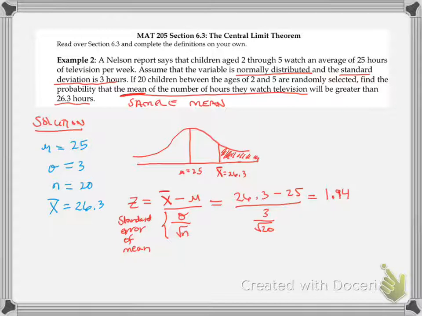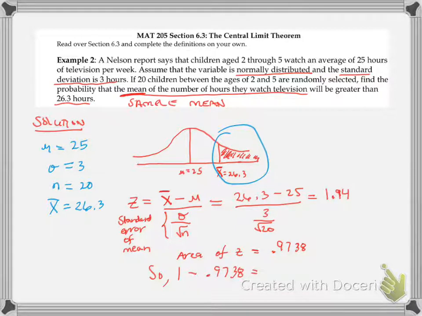But we have to be careful because the same rules still apply. It's shaded to the right, and our table only gives us information to the left. So the area of our z is 0.9738, or the probability, they're interchangeable. So it's going to be 1 minus 0.9738, which is 0.0262.